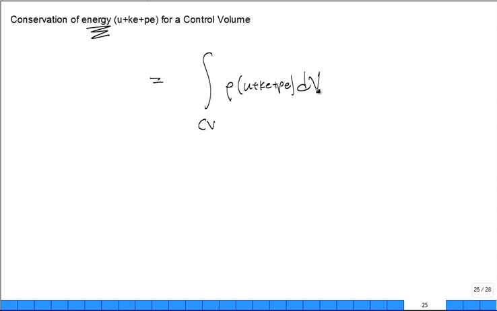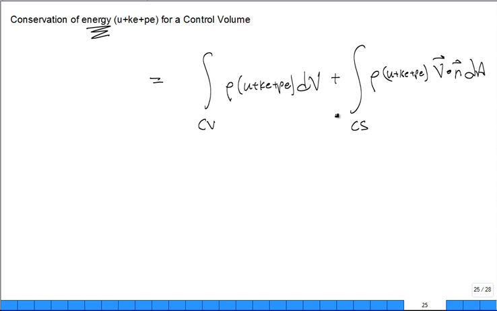But there you go. Plus the integral of rho (u plus ke plus pe) times v dot n dA over the control surface. It's how the energy, internal, kinetic, potential, is being swept across the boundary or transferred across the boundary of that control volume.